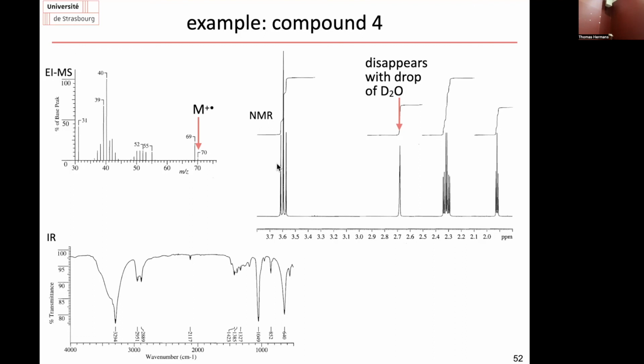So I go to infrared, 1,600, there's nothing. So it's not an alkene, it must be an alkyne, right? It must be a C triple bond. The triple bond stretch is at around 2,200. Yeah, there's a little thingy here. Okay, so it could be a triple bond.